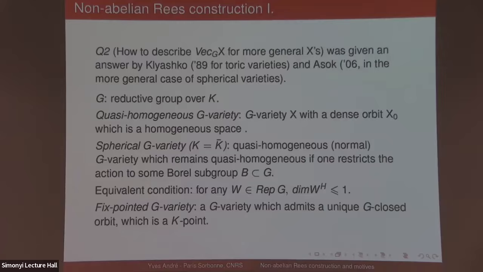This is a special kind of quasi-homogeneous, usually normal, G variety, which remains quasi-homogeneous if one restricts the action of G to some Borel subgroup B. This is the geometric description, but there is an equivalent formulation in representation theoretic terms, more useful for applications.